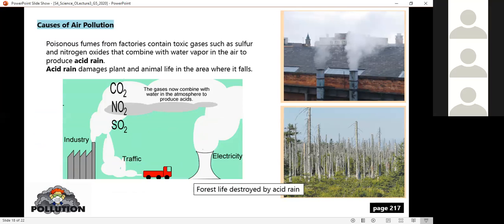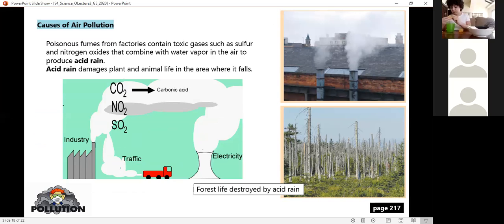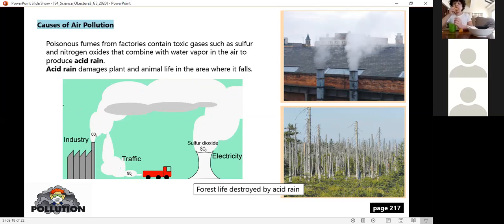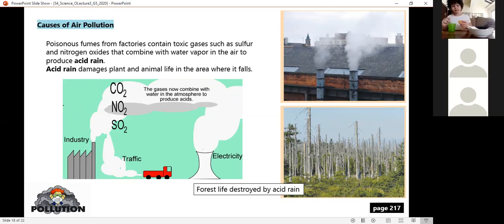When factories, fires, and industries release harmful gases into the air, they rise in the atmosphere to the clouds, and then they combine with the water molecules.